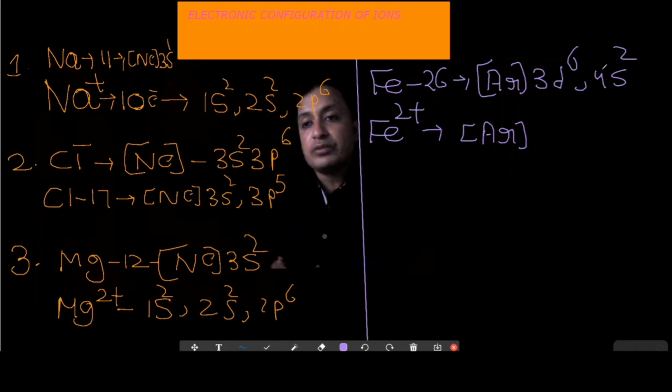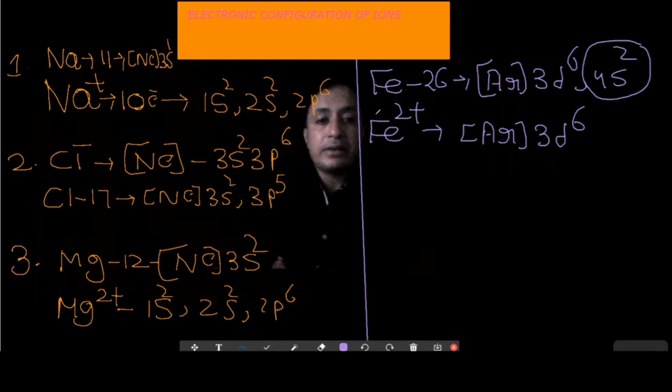So outermost shell here is only 4s, although electron enter here before, when it comes to losing electron it will be lost from the outermost shell orbital first. So the electrons are going to be removed from 4s, not from 3d. So it becomes 3d6 only, as the electrons from 4s are going to be lost. Okay, so that is how you can write the electronic configuration of Fe2 plus.